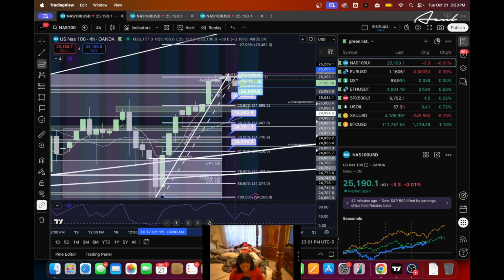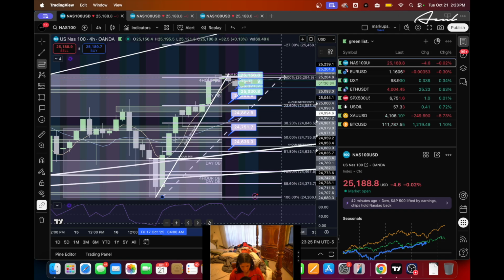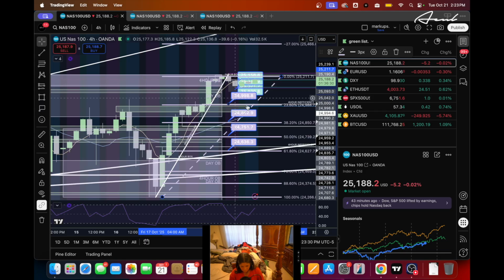As I draw it out, you can see the levels match up with the Fibonacci levels, the 23, the 38, the 50, and the 61%.